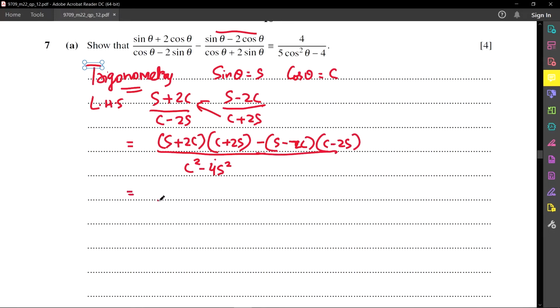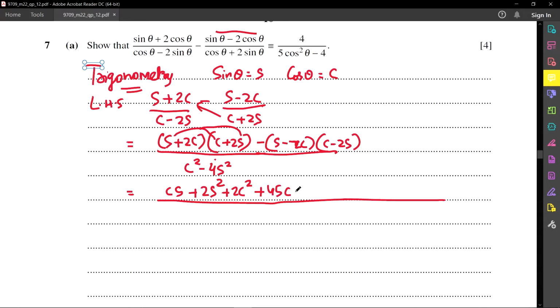So you have s into c is cs, sine theta and cos theta is sine theta cos theta. Then sine into 2 is 2 sine square. 2 cos into cos is 2 cos square. 2 cos into 2 sine is 4 sine theta cos theta.